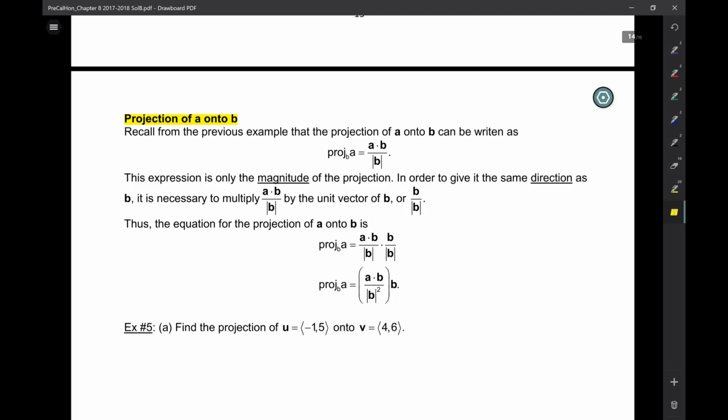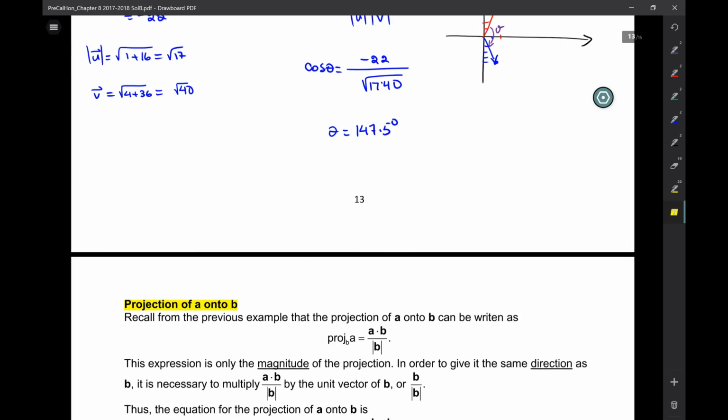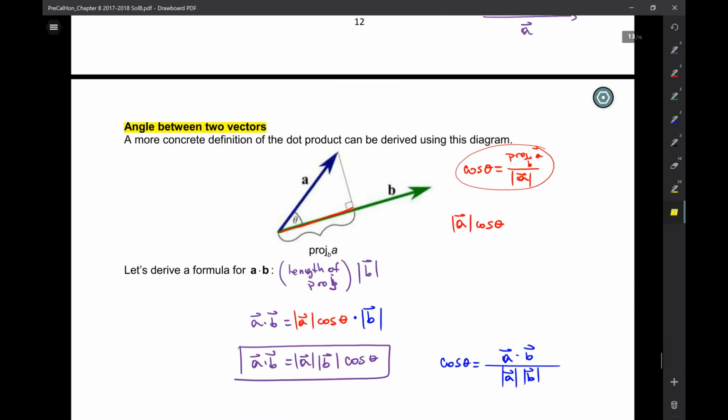So how do we give that projection a direction? We just have 5. All right, the projection of this vector onto this is 5. But in what direction? Is it pointing that way, that way, that way? Well, along which vector is that projection? It's along vector B. So this projection has the same direction as vector B. Now, what gives us just direction without magnitude?